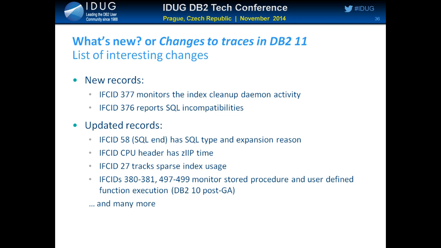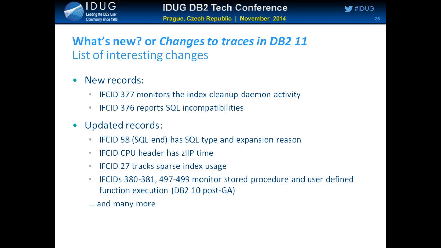Then each of the IFCIDs got a modified CPU header, which means as soon as a record is generated, it puts there the current CPU value. So if you get start and stop records, you can take the difference between them and get how much that particular event took, CPU or elapsed time or zIIP time. As of Db2 11, there is a zIIP time.